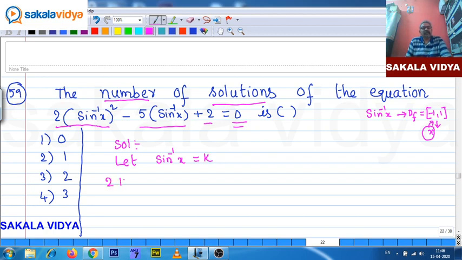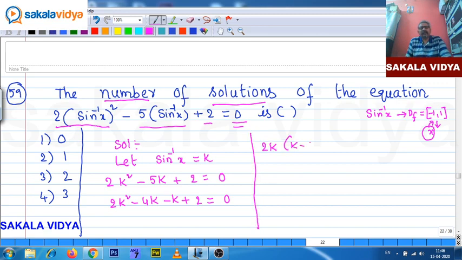Now, it becomes 2k square minus 5k plus 2 equals to 0. Factorization: 2k square minus 4k minus k plus 2 is equal to 0. Taking 2k common, we have k minus 2, and minus 1 common, we have k minus 2, so (2k minus 1)(k minus 2) is equal to 0.